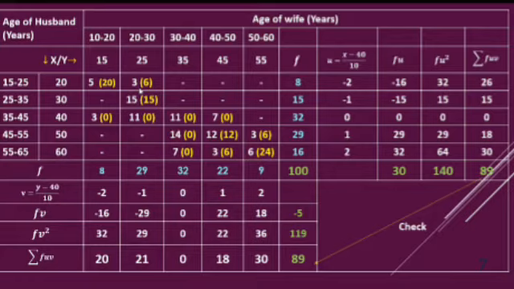Then 3 into -2 into -1, then 6. Next 15 into -1 into -1. F U V: remember that corresponding U and V, corresponding row U, column V, you are multiplying that with the cell frequencies.